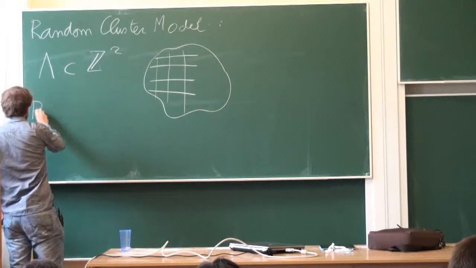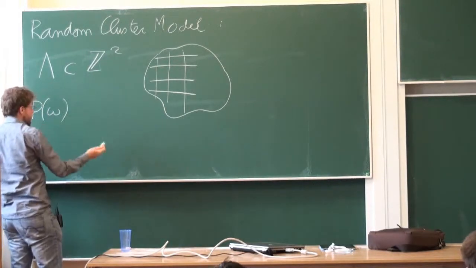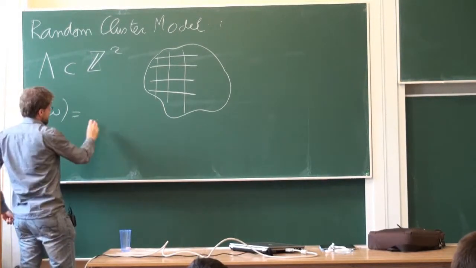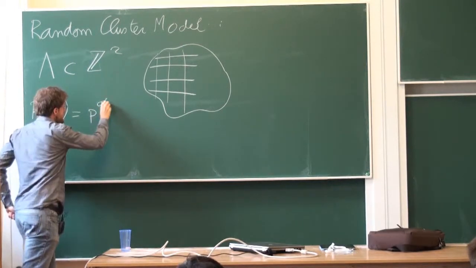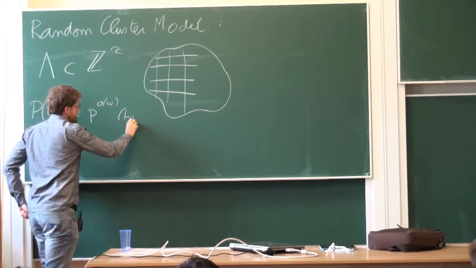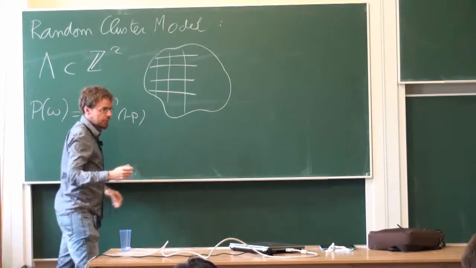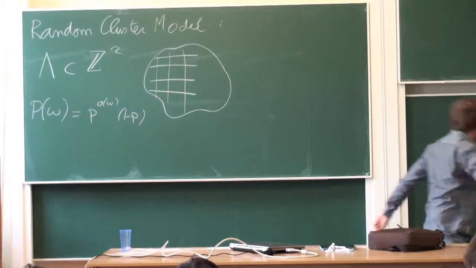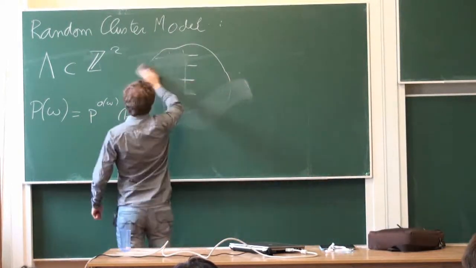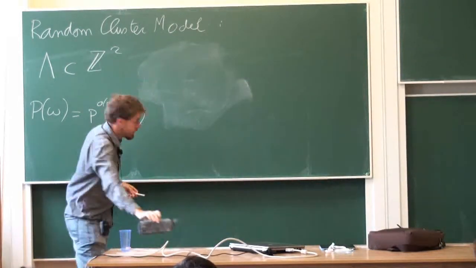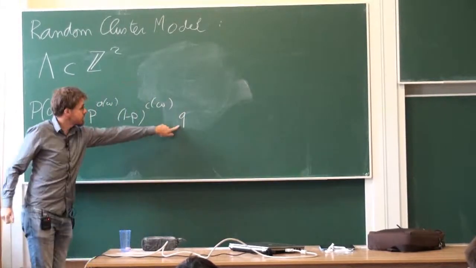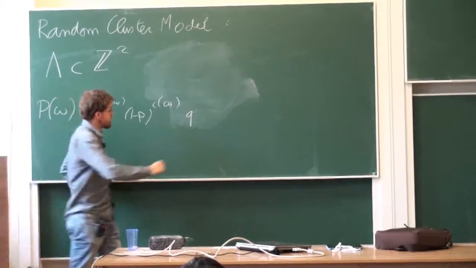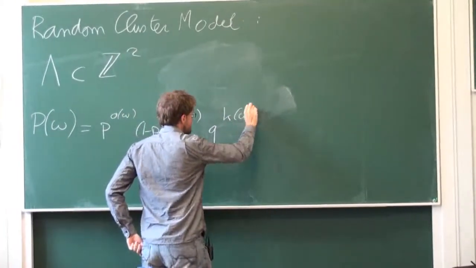The probability of a given configuration was given by some parameter p to the number of open bonds, times 1 minus p to the number of closed bonds of omega, times some topological factor, q to the number of connected components of omega.